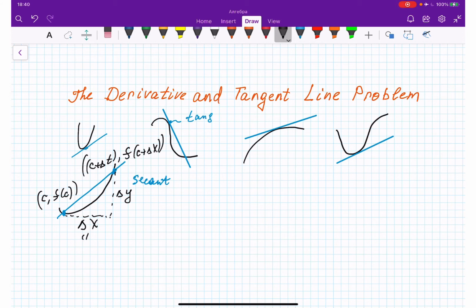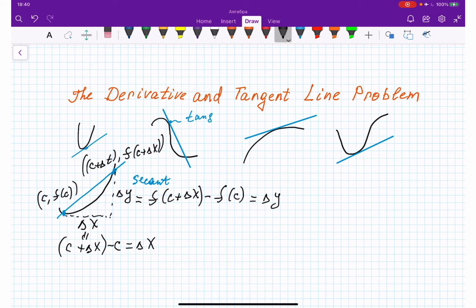Delta x is going to be equal to c plus delta x minus c, which equals delta x. In the same way, delta y is going to be f of c plus delta x minus f of c, which equals delta y.